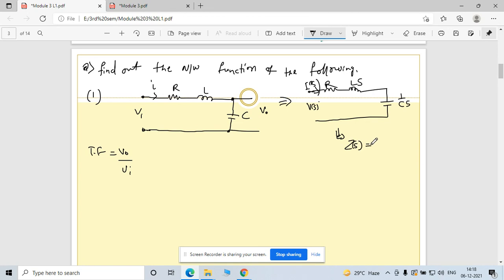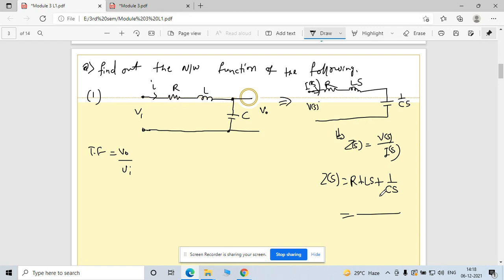Z of S is nothing but V of S divided by I of S, right? What is the value of Z of S for this circuit? It is R plus LS plus 1 by CS, because all three elements are connected in series. So Z of S is nothing but this value.